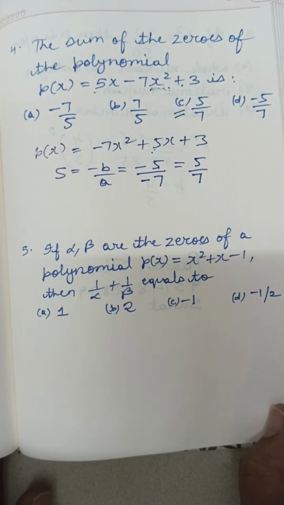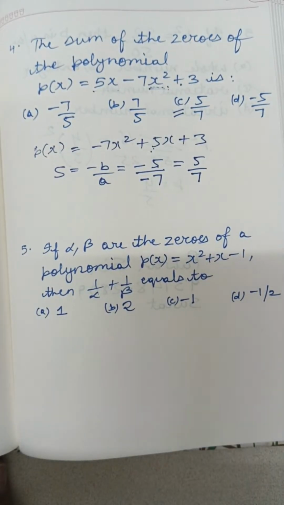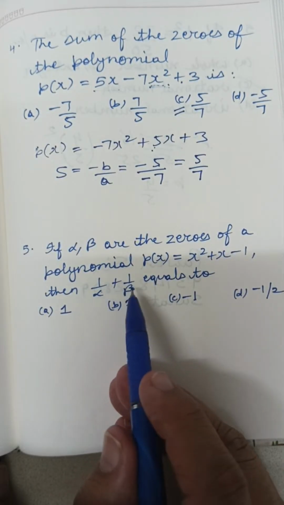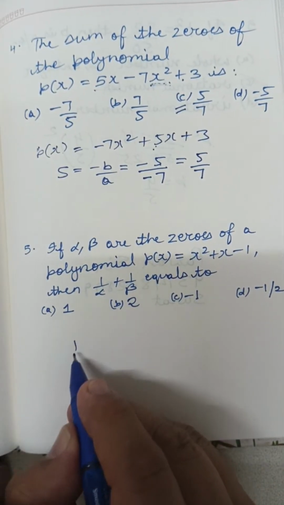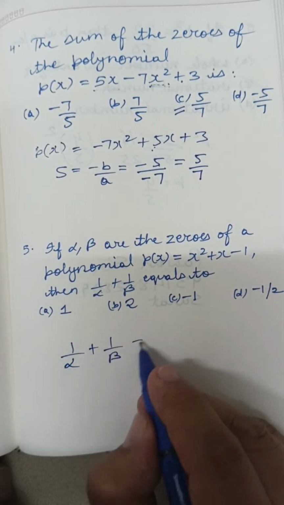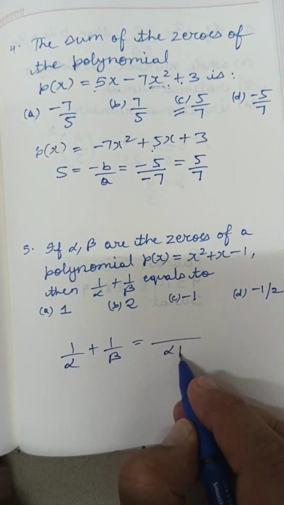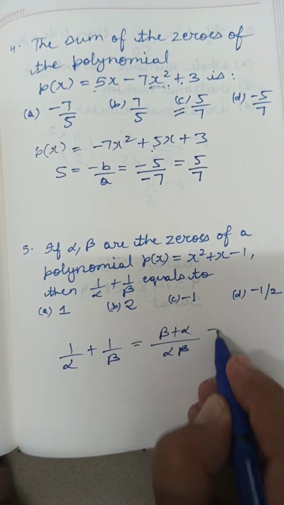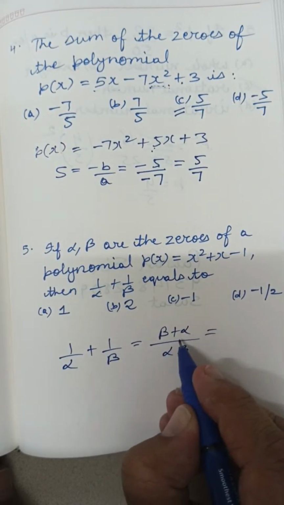Now last question of this series. In this sum, we have to find 1 by alpha plus 1 by beta. See, when you take the LCM, what you get? Denominator alpha beta, numerator beta plus alpha. Now again the sum of zeros.